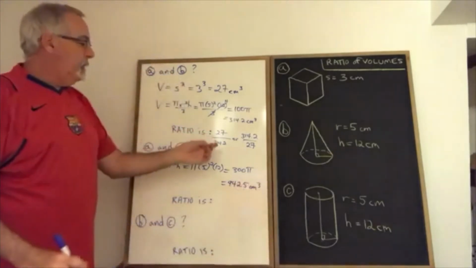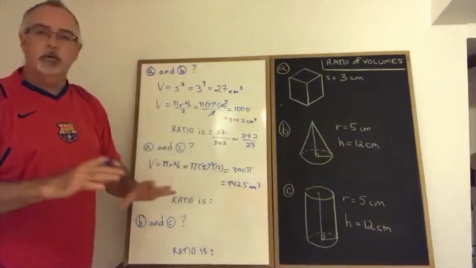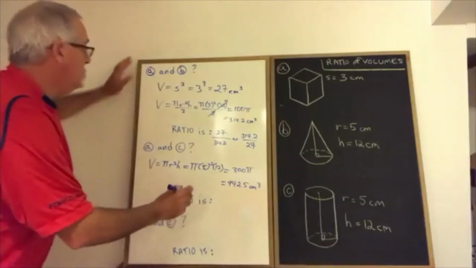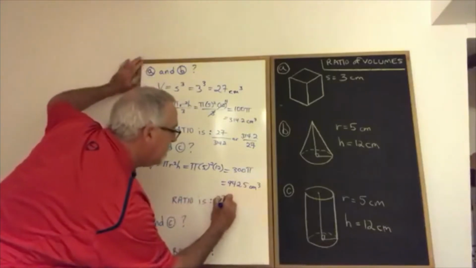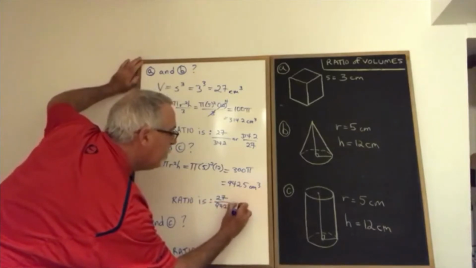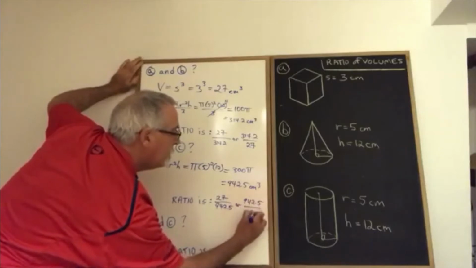Now these volumes of the cone and the cylinder were rounded off a little bit. And the ratio therefore is going to be 27 over 942.5, or 942.5 over 27.